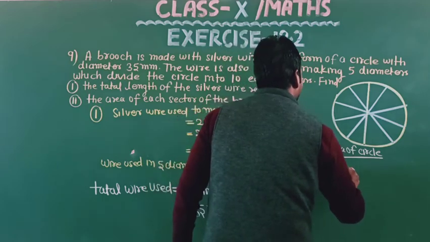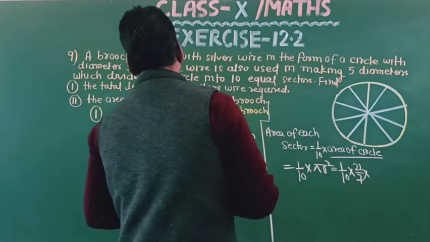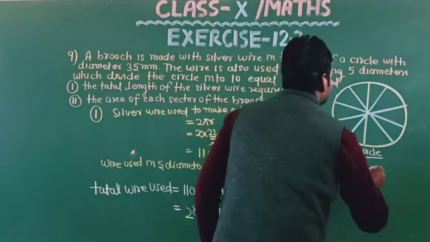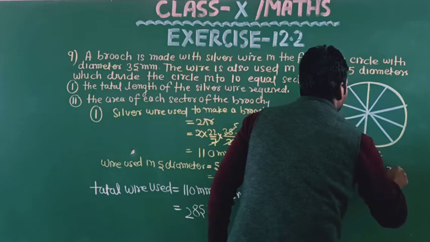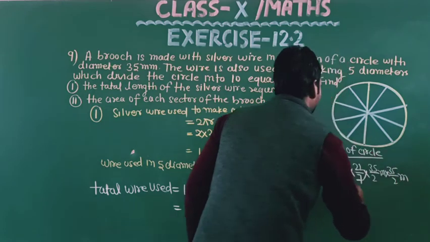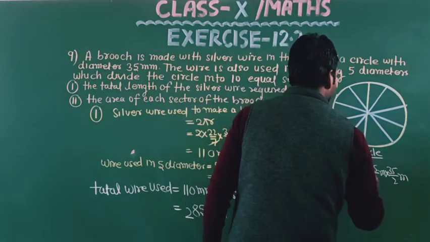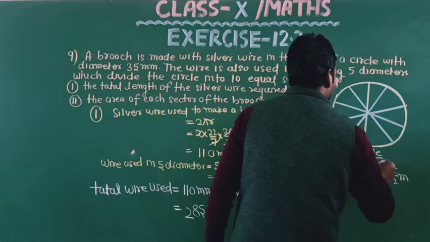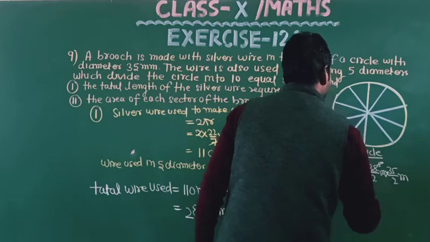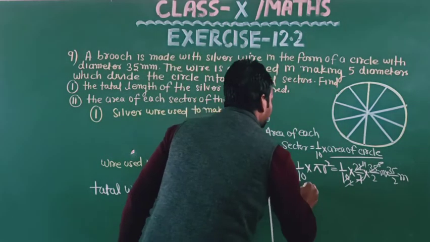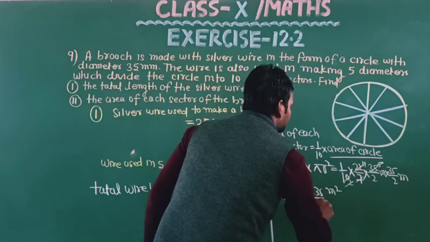So this is 1 by 10 into pi, the value of pi is 22 by 7 and radius is 35 by 2 mm, 35 by 2 mm into 35 by 2 mm. Now simplify. So this is 11, and now multiply 11 into 35 mm square upon 4.